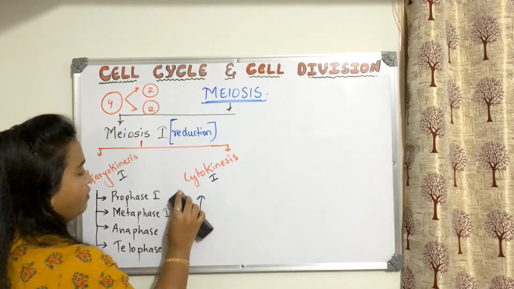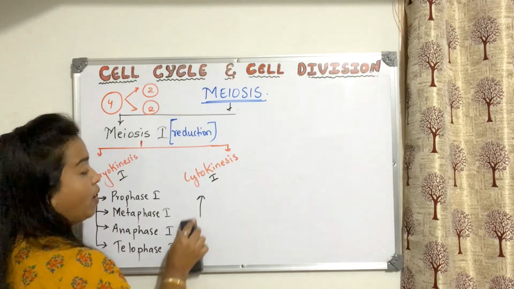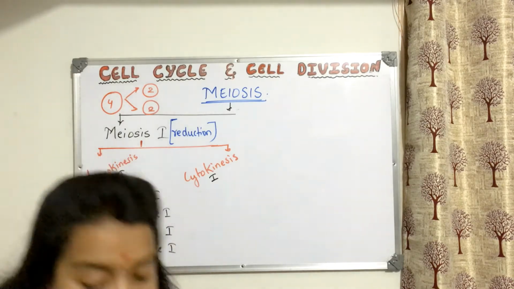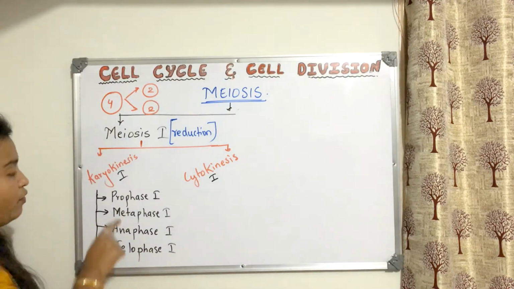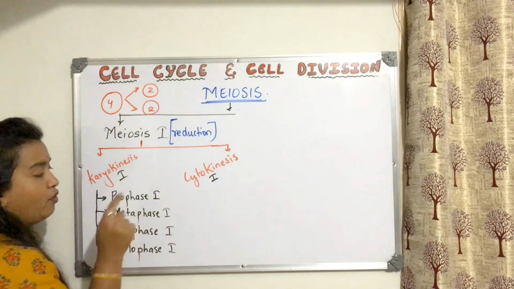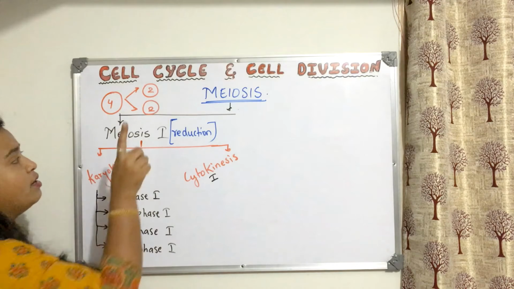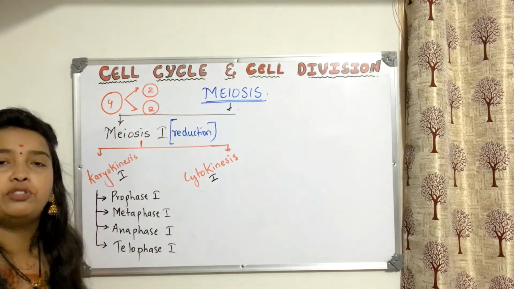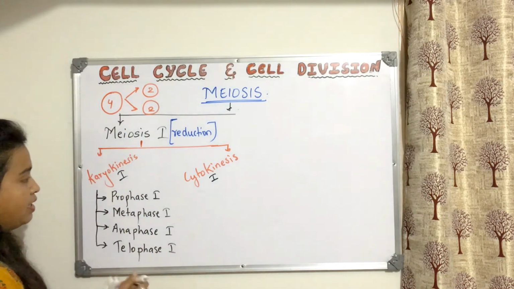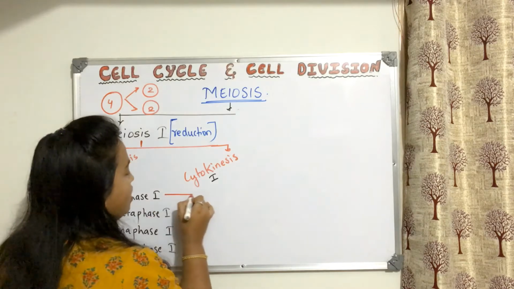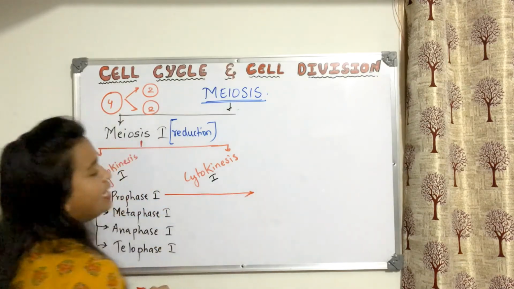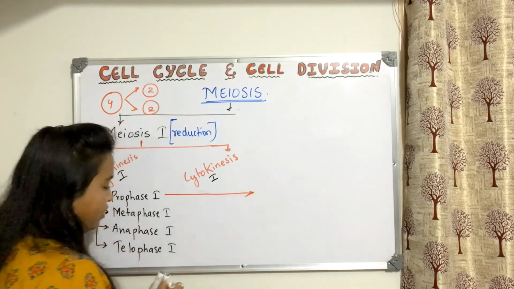Now, why does meiosis 1 play such an important role? Because the prophase 1 of karyokinesis 1 of meiosis 1 is very important. Prophase 1 is divided into 5 stages again.